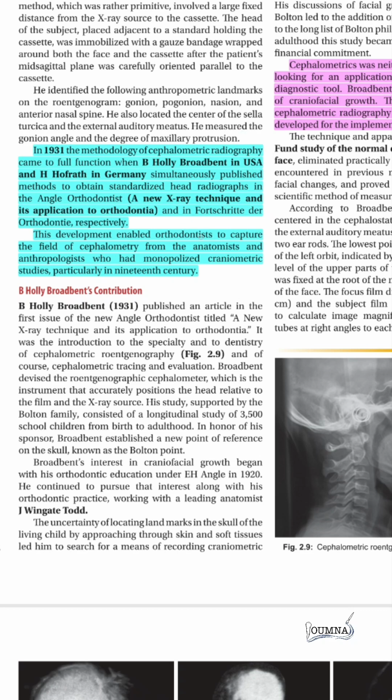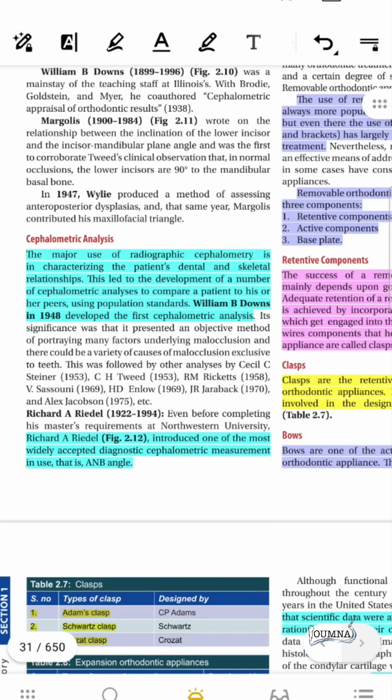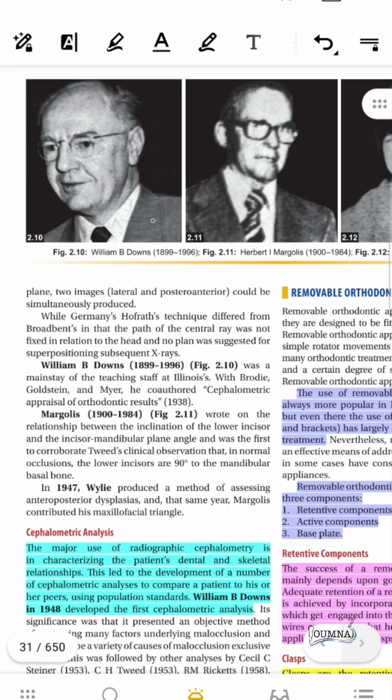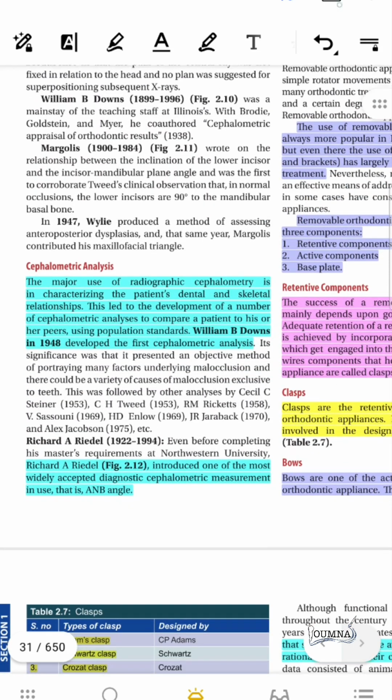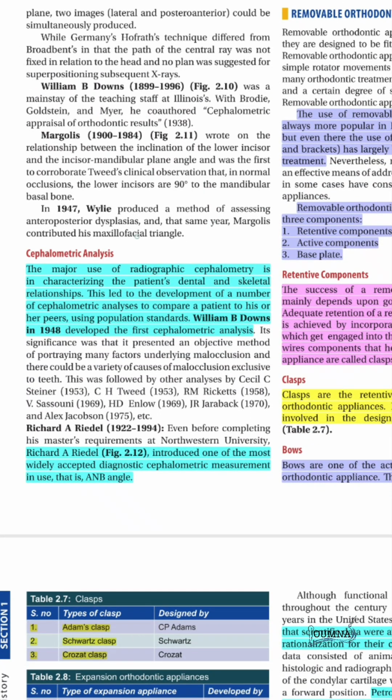They suggested using a new X-ray technique in the application of orthodontics. Until 1948, when William Downs developed a number of cephalometric analyses to compare a patient to his or her peers by using population standards.